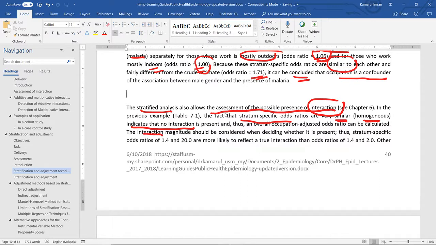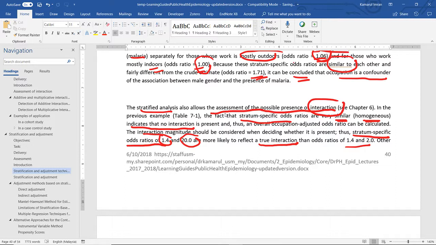But if the stratum-specific odds ratios are different, for example 1.4 and 20, that might be a reflection of true interaction, compared to 1.4 and 2.0.